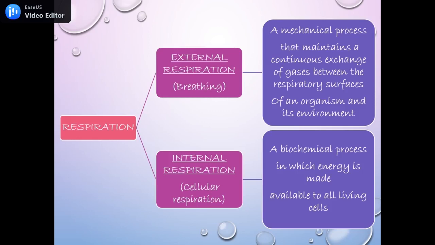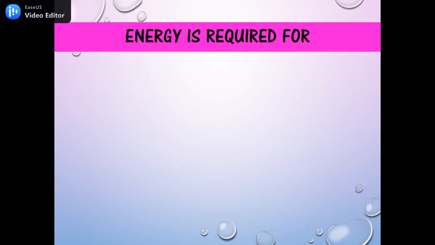Respiration can be external respiration. Breathing means a mechanical process that maintains a continuous exchange of gases between the respiratory surface of an organism and its environment. Next one, internal respiration means cellular respiration, a biochemical process in which energy is made available to all living cells.